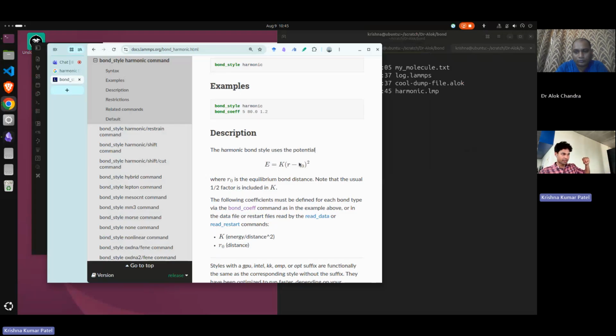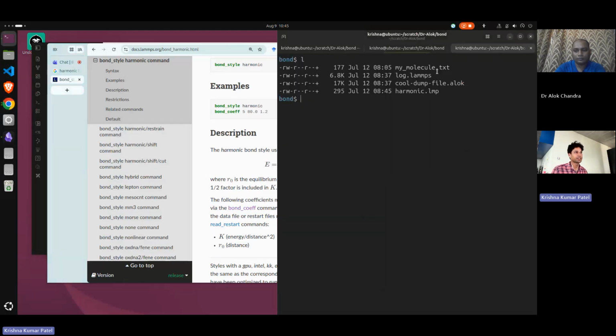So what you have to do is take the XYZ, calculate the Euclidean distance between two atoms, and that goes in this equation as R. And R naught is the equilibrium bond length, which you have specified.